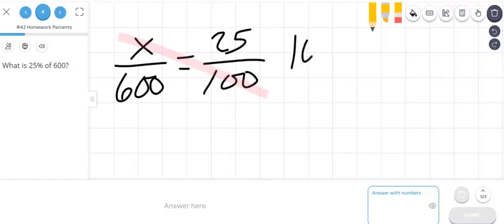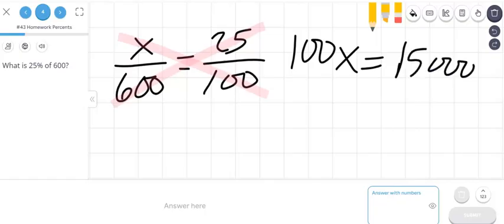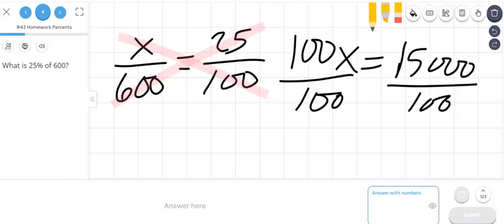So that gives us 100x equals, and we multiply the other cross product. 600 times 25. That gives us 15000. Divide by 100. That equals 150.